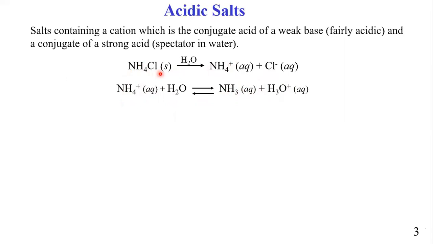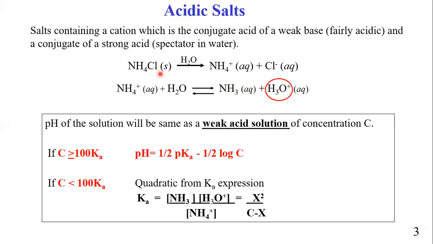So how do I calculate the pH of such a solution? Well, the pH of such a solution is just the pH of a weak acid. It's as if I have a weak acid in solution. And this is why I really like to do salts right after we just discussed the pH of weak acids and weak bases, because the calculation of the pH of a salt is exactly the same.